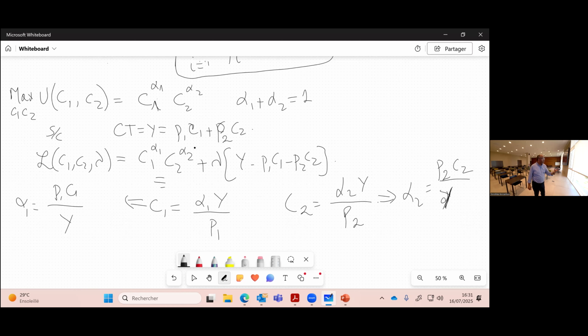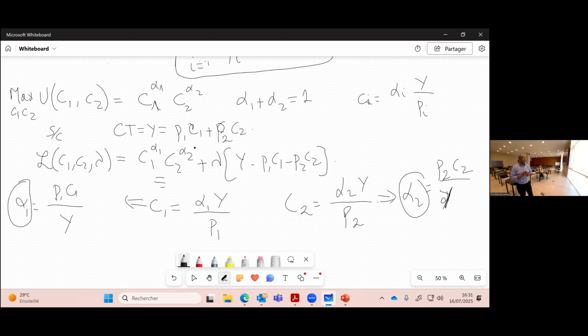So the Cobb-Douglas specification on the utility side in a CGE model, generally, we are using a Cobb-Douglas utility function. Why? Because it's simple. And we can calibrate the two parameters, alpha 1 and alpha 2, and we can generalize. If we have N goods, it's alpha i Y over Pi, exactly the same thing in a generalized situation for the household.